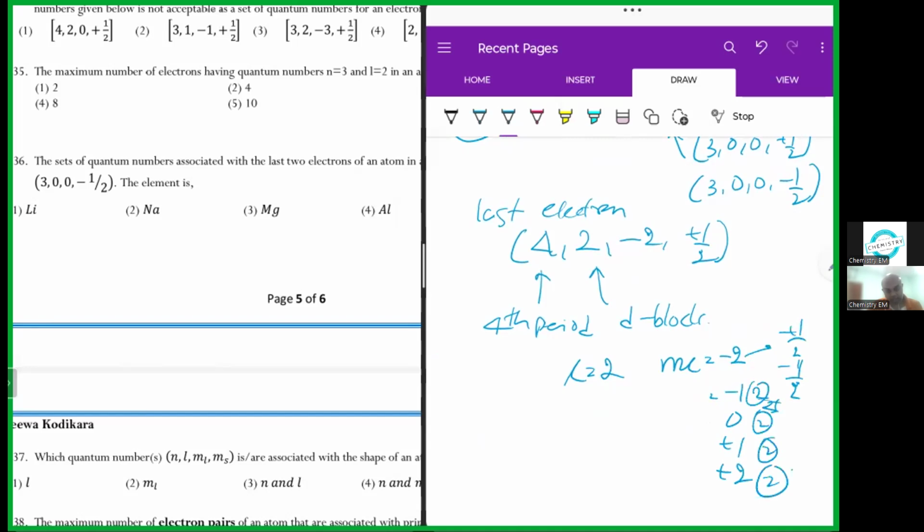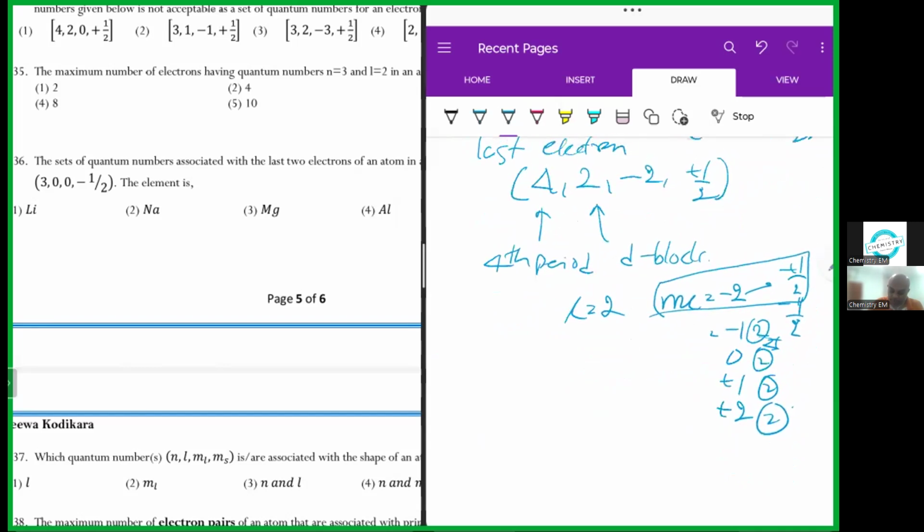Minus 2 means that is the first orbital of d. It has only one electron. So in the d block it has a 4d1 configuration, because ML starts from minus 2 and it also starts from plus half.